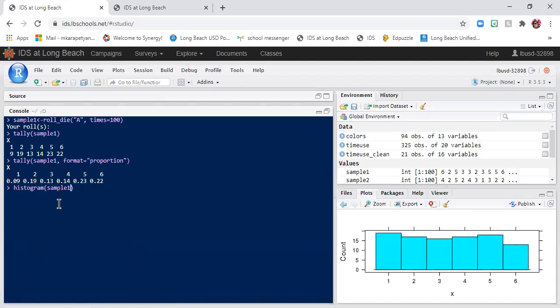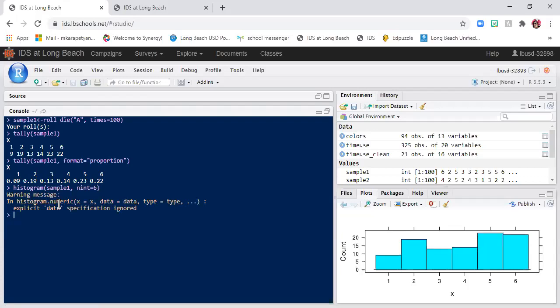Because we're not using that format and we're just using sample 1, it's going to give us a warning, but it should still give us our histogram. So when we put histogram sample 1, and then nint, number of intervals, equals 6, because I want it to make 6 bars. Okay. And then I'm going to hit enter.